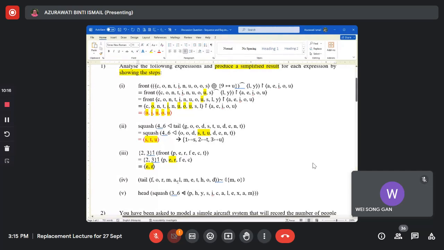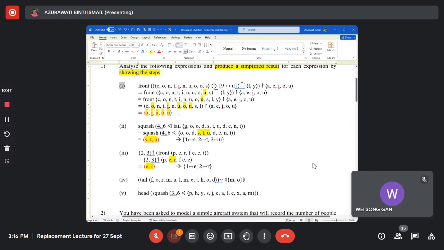So if you convert this into a function, the numbering also will be different. Let me copy this one. The numbering will be different already, will be like that. But your answer must be in sequence style using angle bracket. Same thing as number one also.